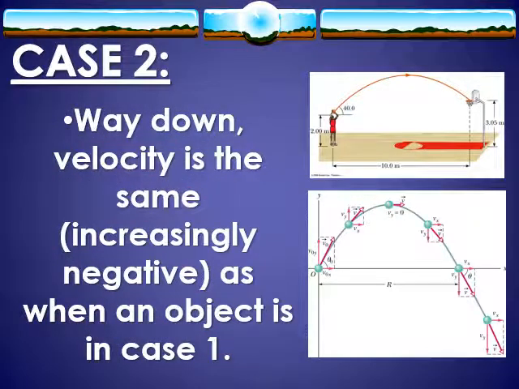Now, to answer the last question a while back dun sa previous slide natin, focus naman tayo sa downward trip. So it says here, on the downward trip already of the projectile, on its way down, what happens to the velocity? Velocity is the same as when an object is in case 1, katulad ng case 1 ng projectile.